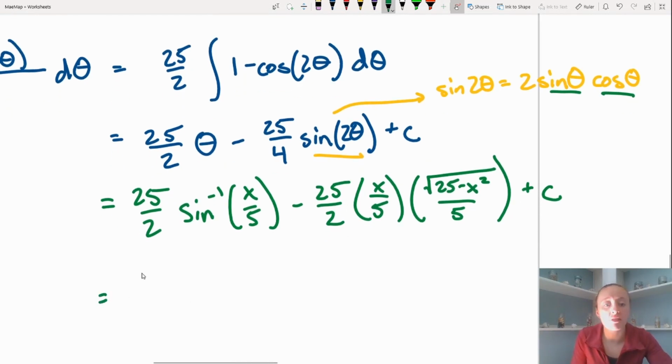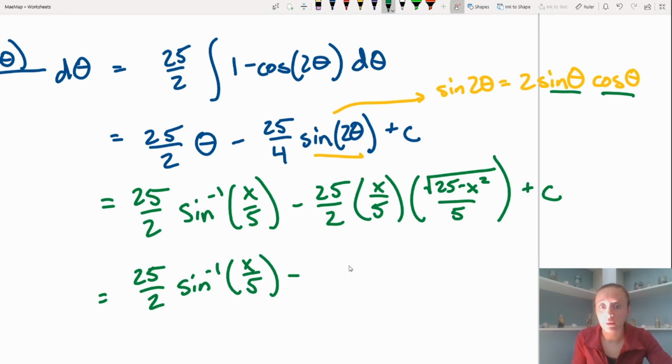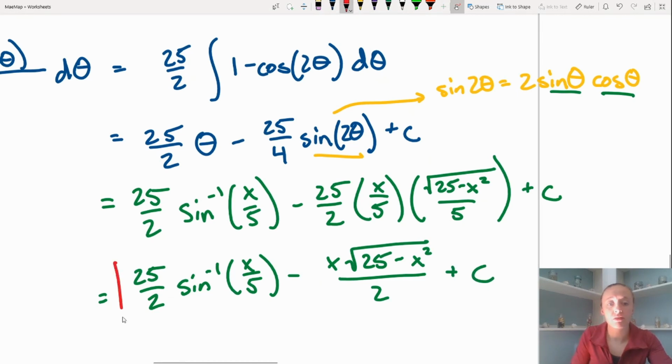So completely simplifying, I'll get 25 over 2 inverse sine of x over 5 minus, that 25 cancels out, x times the square root of 25 minus x squared all over 2 plus c. And that's my solution for example 1.